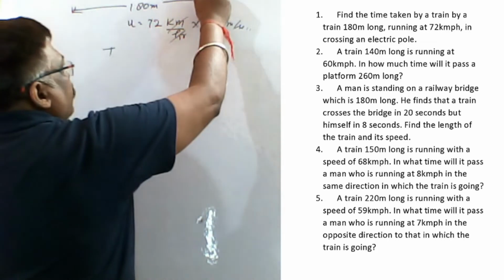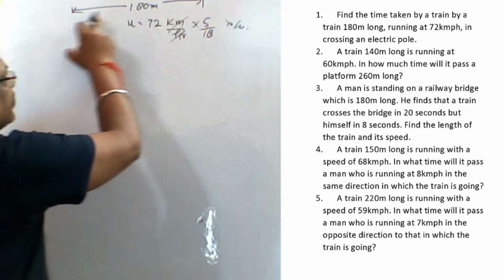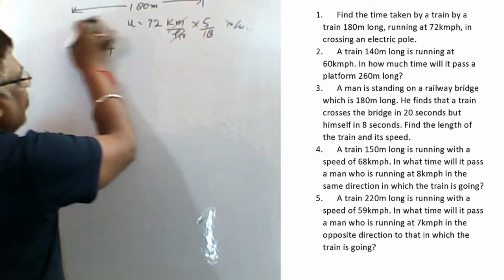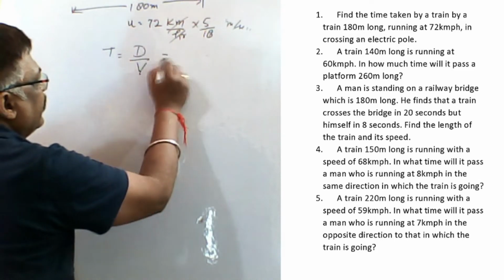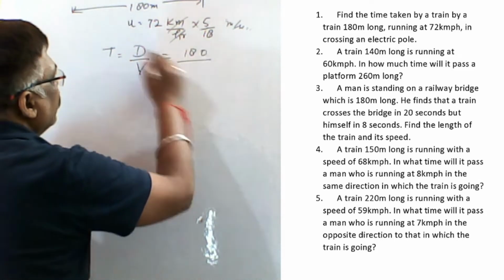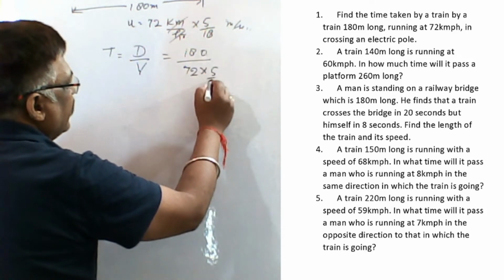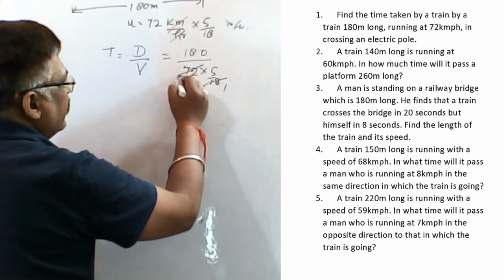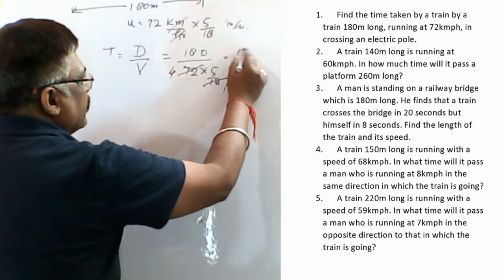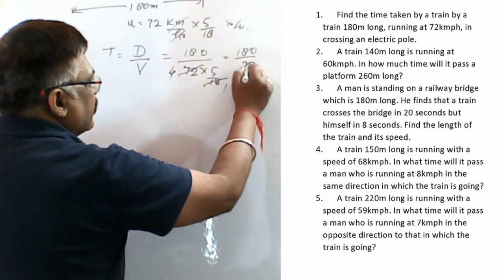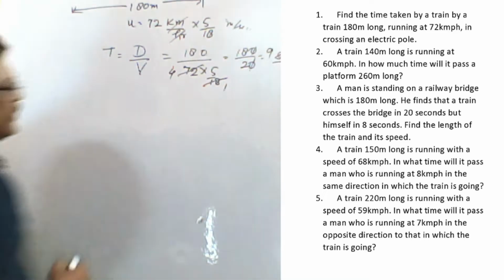Suppose this is the electric pole; from here it comes, and how much will it travel? It will travel 180 meter. So time is D by V. D is 180 meter, and the velocity is 72 into 5 by 18. 18 1s are 18, 18 4s are 72. So in 9 seconds it will cross.